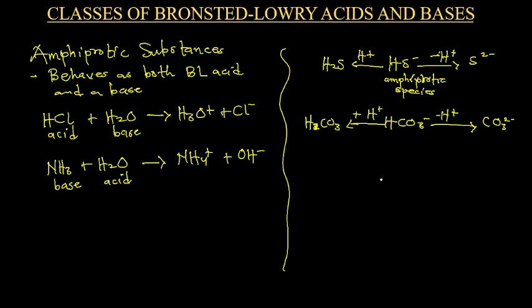Now let's look at our last example, which is HPO4 2 minus. So this is from phosphoric acid. Now we know that phosphoric acid has three replaceable protons that could be donated. Okay. So what happens if this species loses a proton? When it's giving out a proton, it's going to form phosphate, PO4 3 minus.